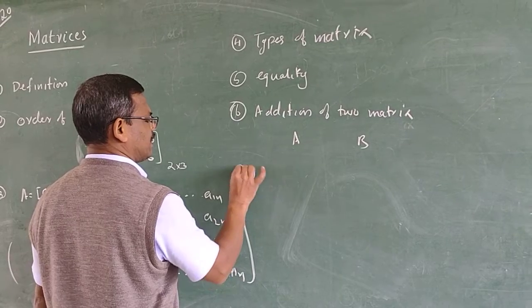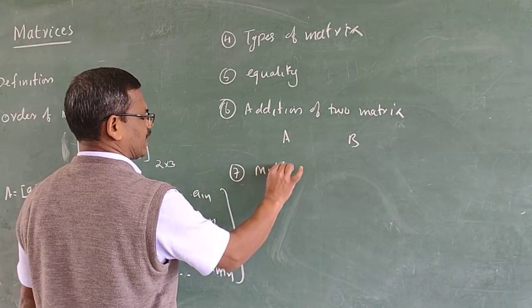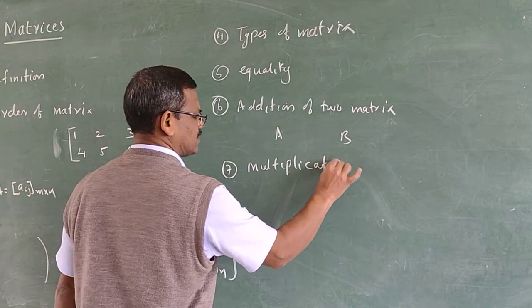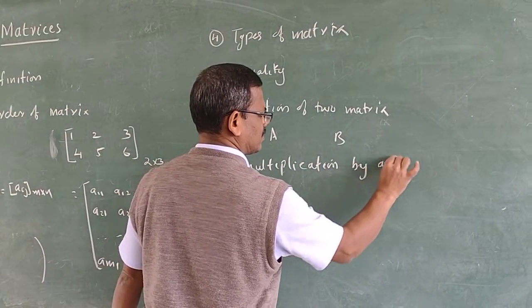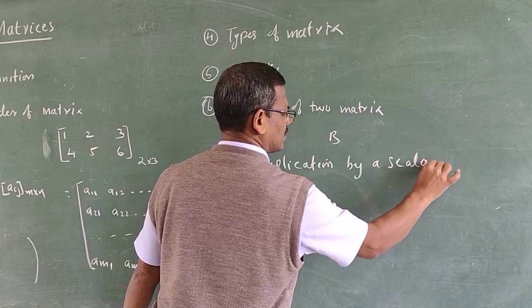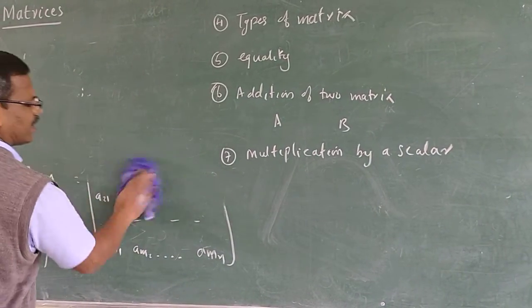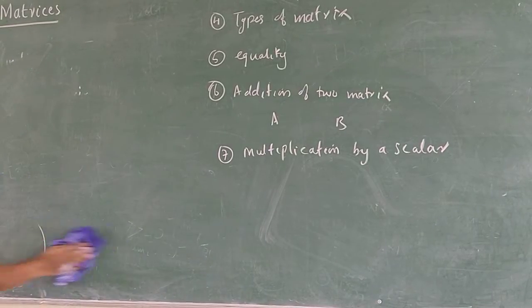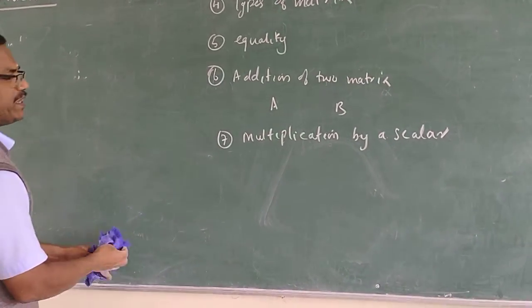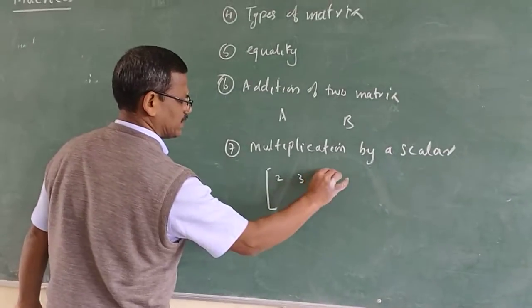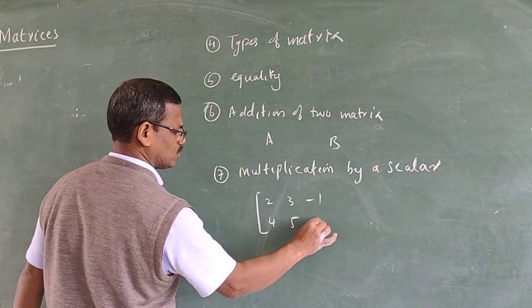Then next, multiplication by a scalar. Suppose you are given a matrix, say 2, 3, minus 1, 4, 5, 0.